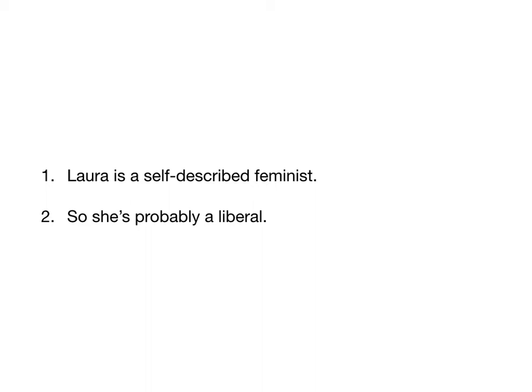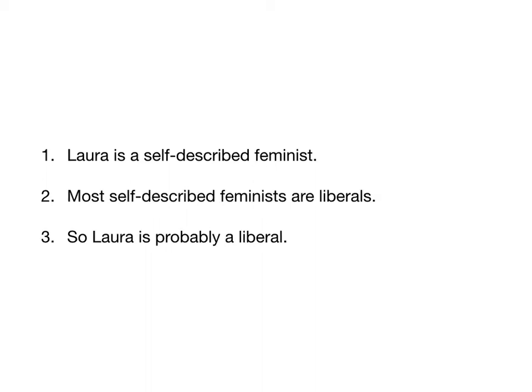You can think of this argument almost like there's a ditch, or a stream. You need a bridge over it. There's a gap here, and the gap needs to be filled. You need to connect the idea of being a self-described feminist to probably being a liberal. We fill in premise 2 here: most self-described feminists are liberals, so Laura is probably a liberal.